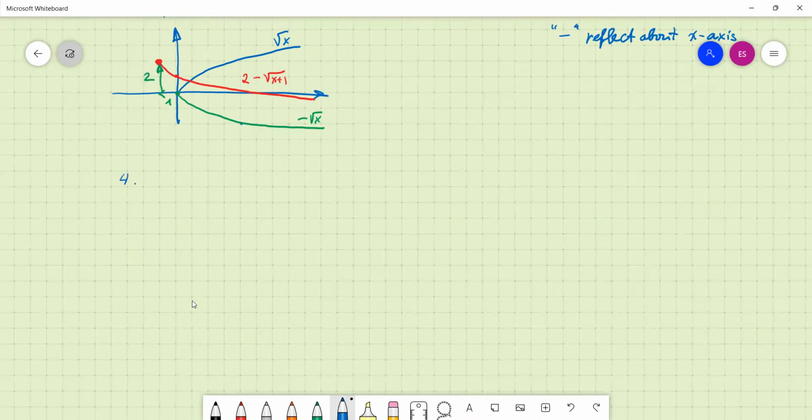Number 4, I was asking you to modify the function or graph it like function of 2x. Well, let me copy the function one more time.